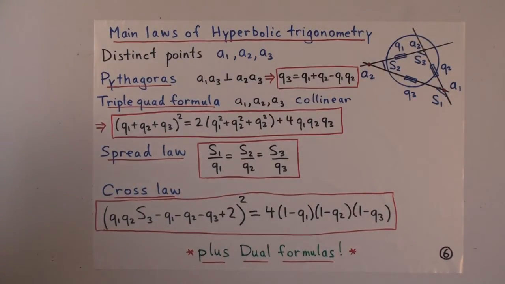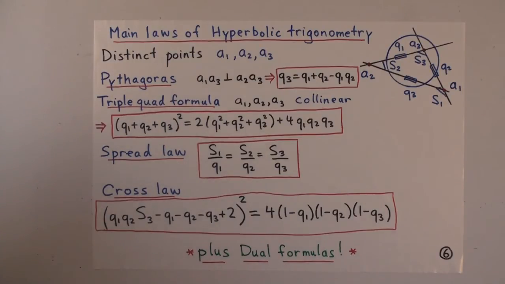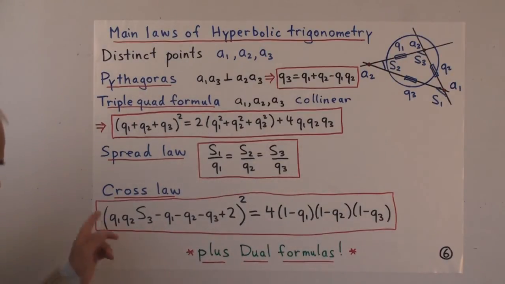The cross law is more complicated. So have a look at it. It turns out to be a beautiful formula, and we'll grow to love this formula, I hope. But let's have a look at it now. It looks a bit intimidating. It's a formula involving 3 quadrances and 1 spread. Q1 Q2 S3 minus Q1 minus Q2 minus Q3 plus 2.